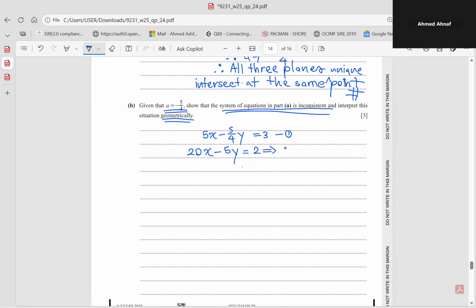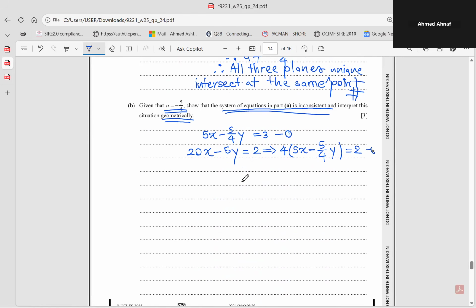And we can factor out 4. So doing that gives us 5x minus 5 over 4 y equals 2. This is equation number 2. And you can see that equation 1 and equation 2 are just scalar multiples of each other on the left-hand side. So that means those planes are parallel.